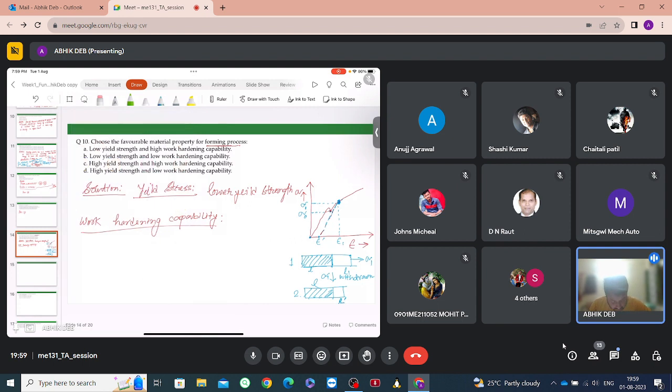So basically, this was one curve. Let's say this is curve 1, the red one, and the green one is a curve, this one. Till the yield point it is the same, from the yield point it is different. So which one will have a more work hardening capability?